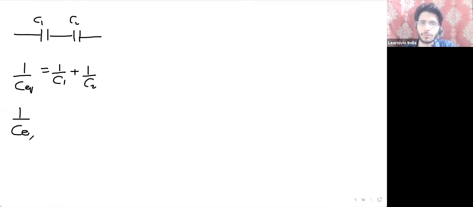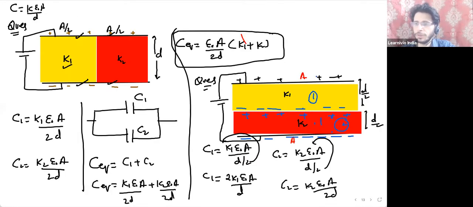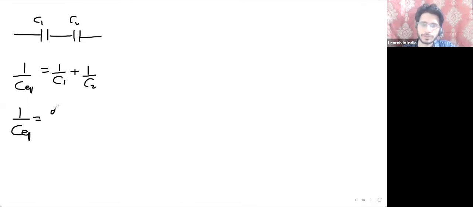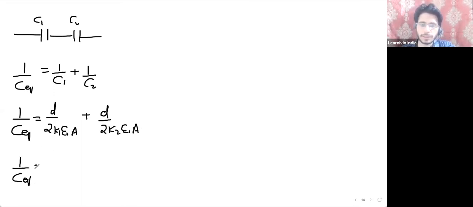C1 is d by 2K1 epsilon naught A, and C2 is d by 2K2 epsilon naught A. So 1 by C equivalent is d by 2 epsilon naught A, times 1 by K1 plus 1 by K2.